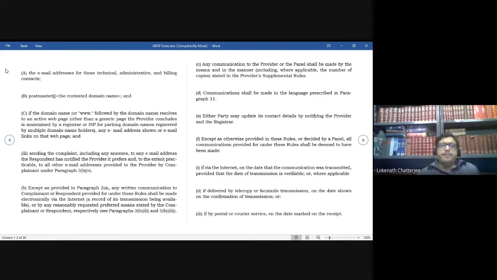So essentially this talks of proper notification. Now you can see the procedure. So due process should be undertaken.